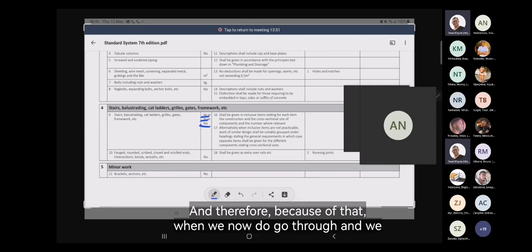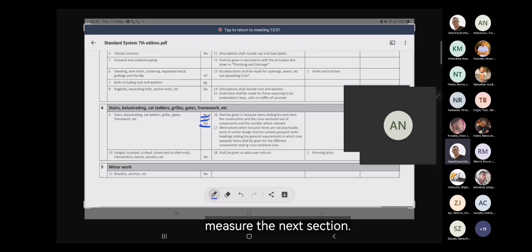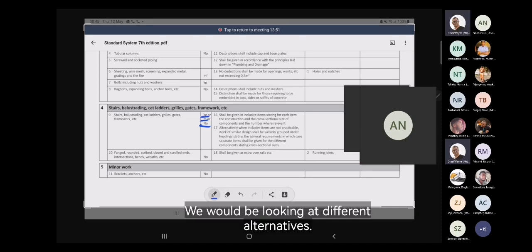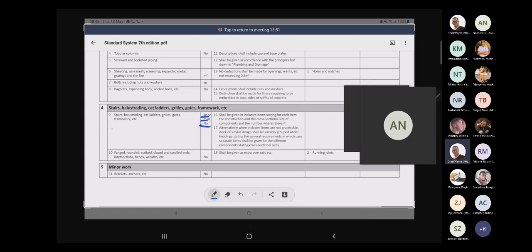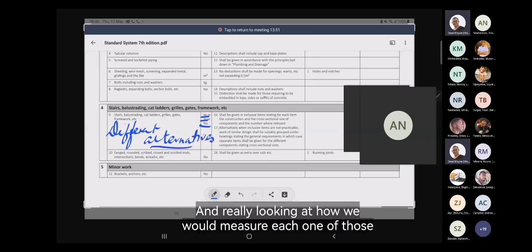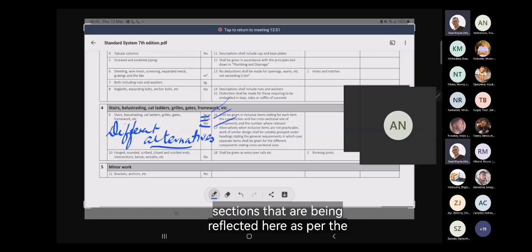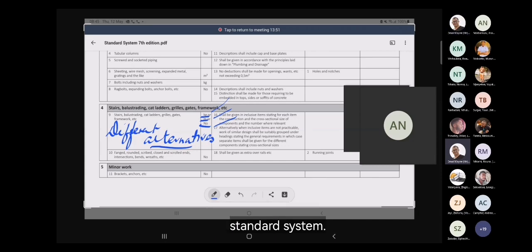Therefore, because of that, when we now go through and measure the next section, we would be looking at different alternatives. We would be looking at how we would measure each one of those sections that are being reflected here as per the standard system.